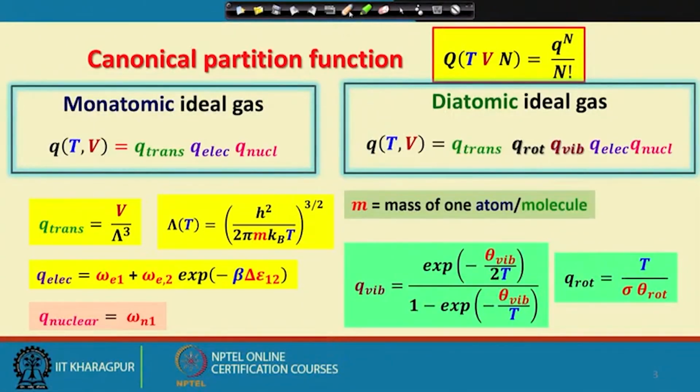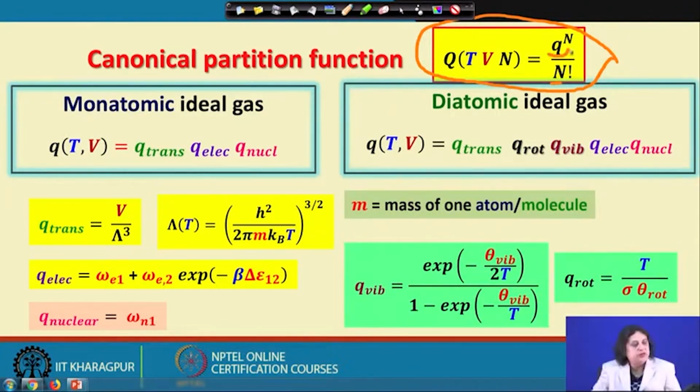And as shown here, this is what the expression for this canonical partition function is. So, as you see, in addition to depending on this capital N, the number of particles, it depends on the small q, that is the single particle partition function. And we know that for monatomic ideal gases, small q will derive contributions from the overall translational motion of the atom and the underlying electronic and nuclear structure for a monatomic ideal gas.